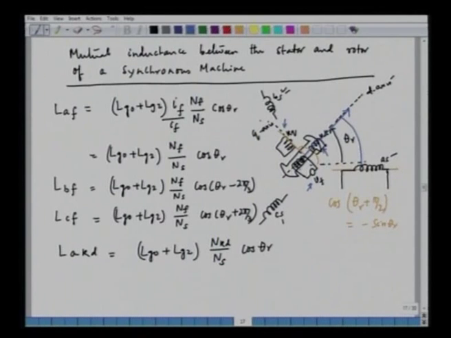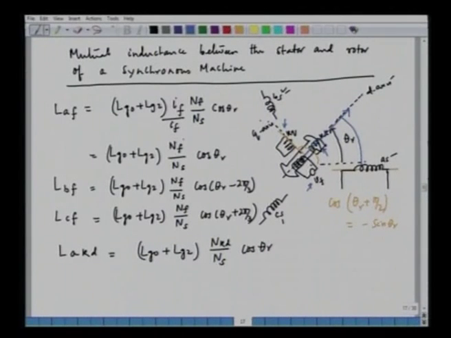Now, if we take the inductance of the field winding with phase A, that is LAF, it is given as (Lg0 plus Lg2) into IF into NF by NS into cos theta r, divided by IF, because inductance by definition is flux linkage per ampere. So, the flux linkage is (Lg0 plus Lg2) IF NF by NS into cos theta r, divided by IF.